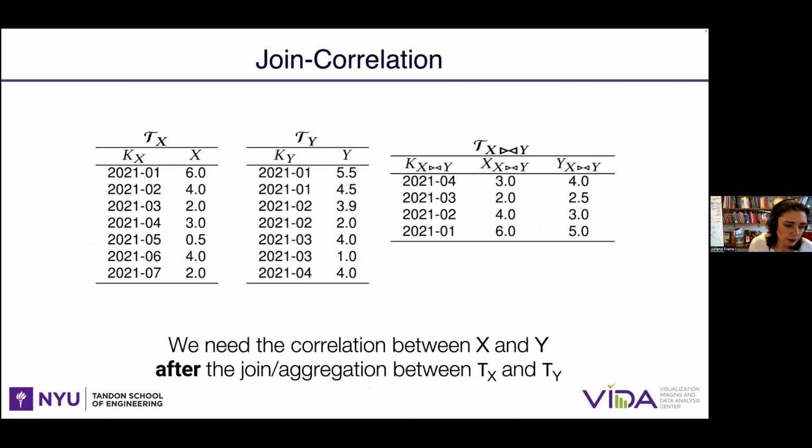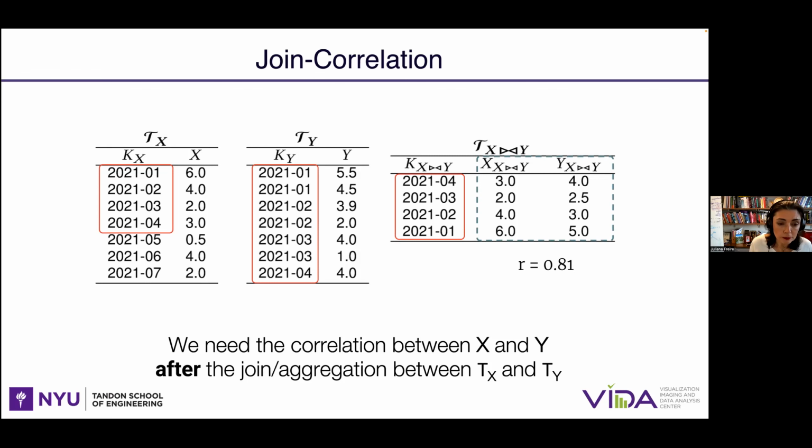And the challenge here is that we'd like to get this correlation information between X and Y after you actually perform the join. If you have two tables, the X and Y, right, you have to join them in order to be able to compute the correlation between the X and Y values that are aligned after the join, right?